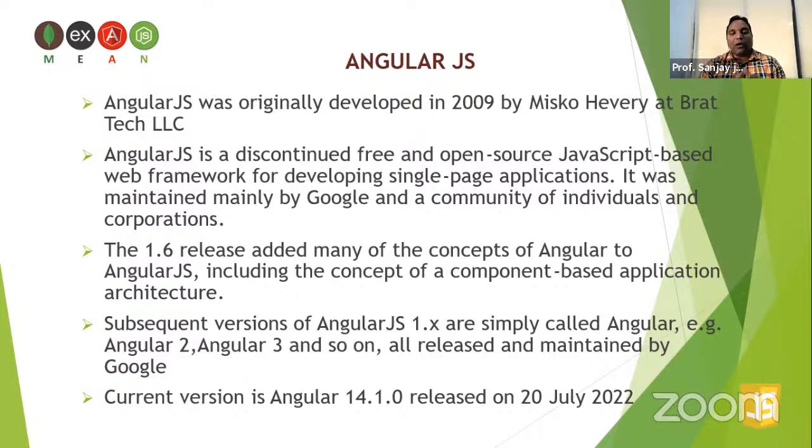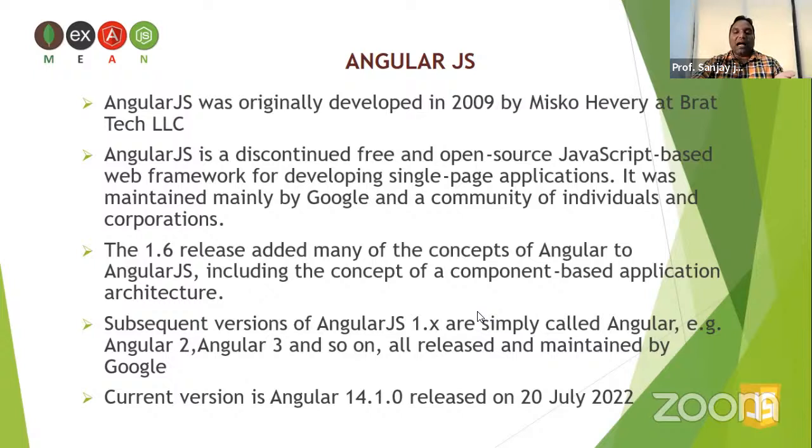After 1.6 came Angular 2, then Angular 3. So it is no longer called AngularJS, but it is now called Angular. What Google did was stop the support for AngularJS, and now it only supports Angular.